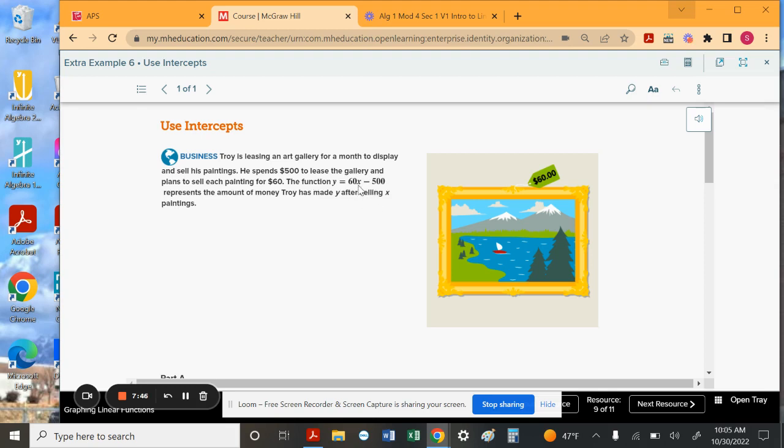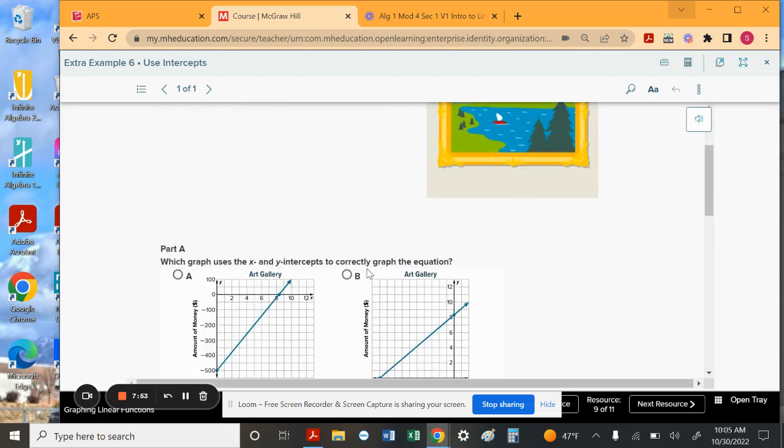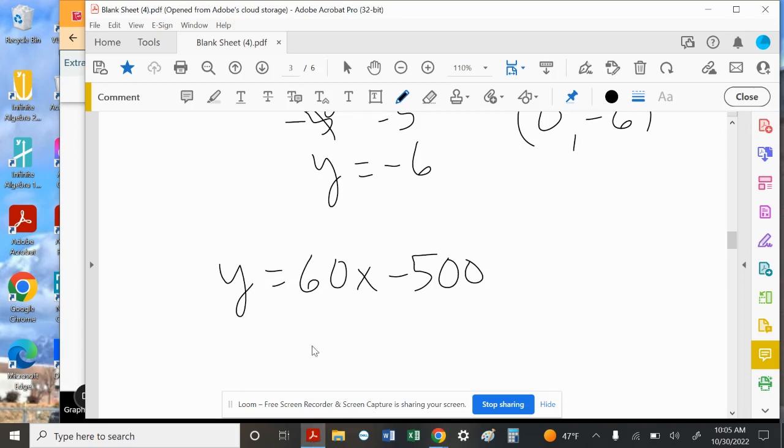If I plug in 0 for x, then y would equal 500, and we can prove that by going over here. When x is 0, we're looking for the y-intercept. So we have y equals 60 times 0 minus 500.